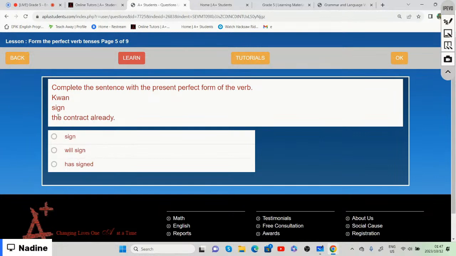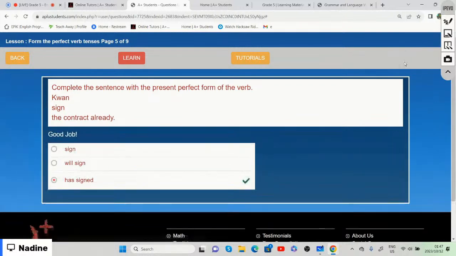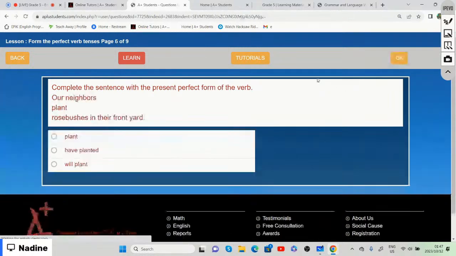All right, so we can say Quan has signed. Yes, because remember, we need to use our helping verb to assist our main verb, right? And we are still doing it in the present perfect tense. So has signed. Yes, well done. Has signed is correct.